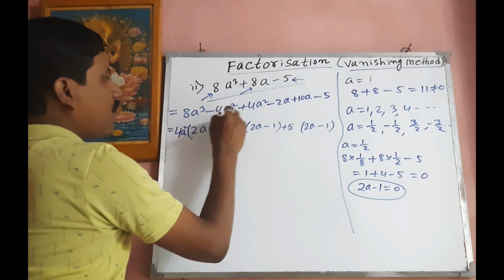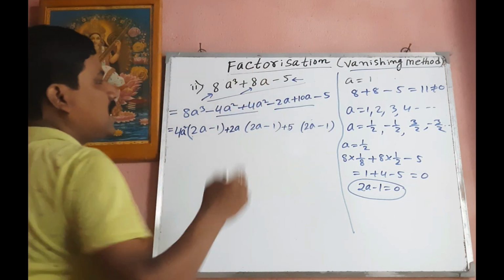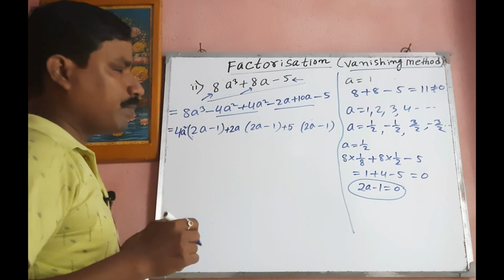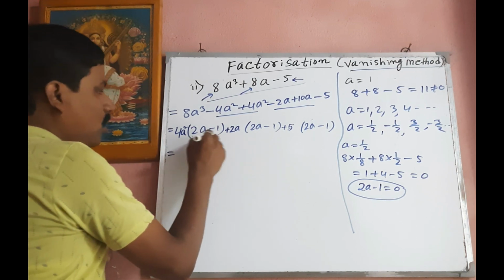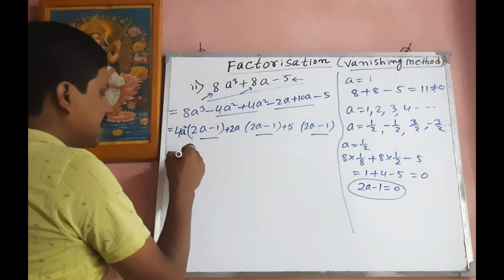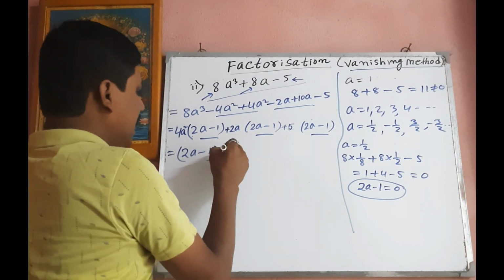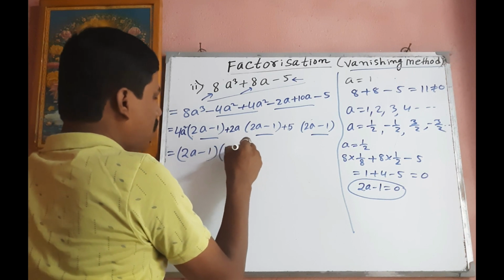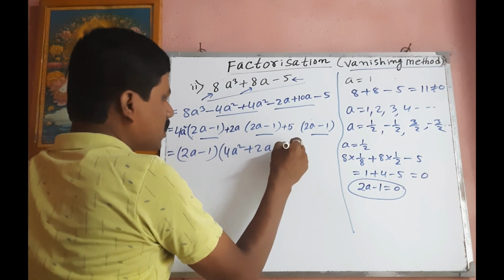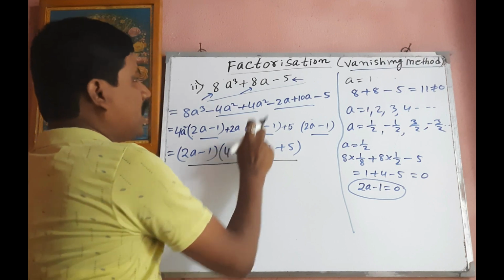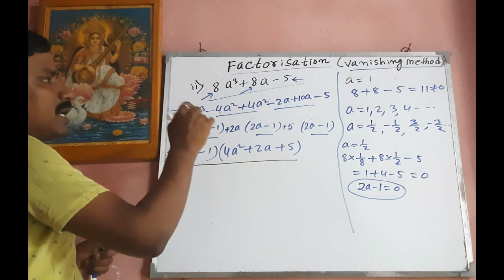So this will vanish and this will be arranged as plus 8a. Now taking common from these three, 2a minus 1 is common. Then additionally we get 4a square plus 2a plus 5. This is the complete factorization of the given expression.